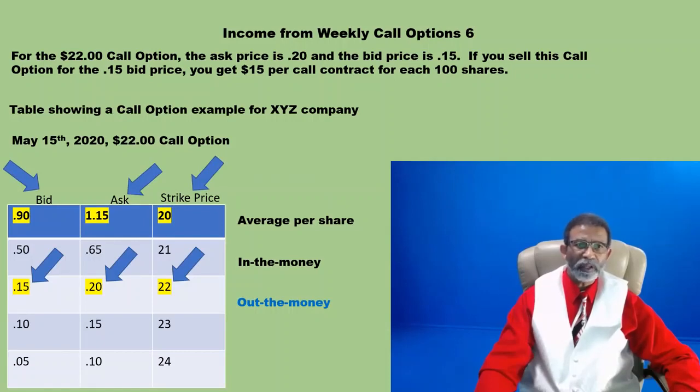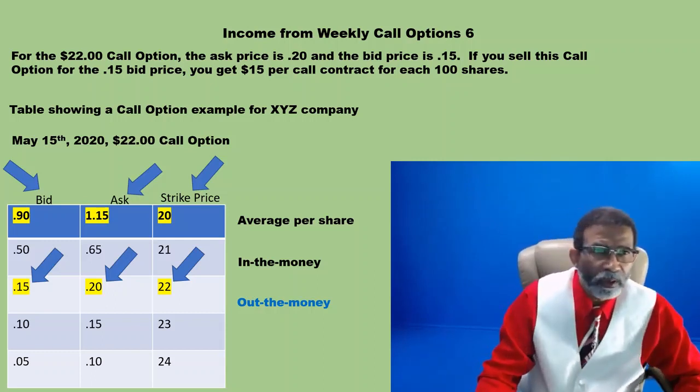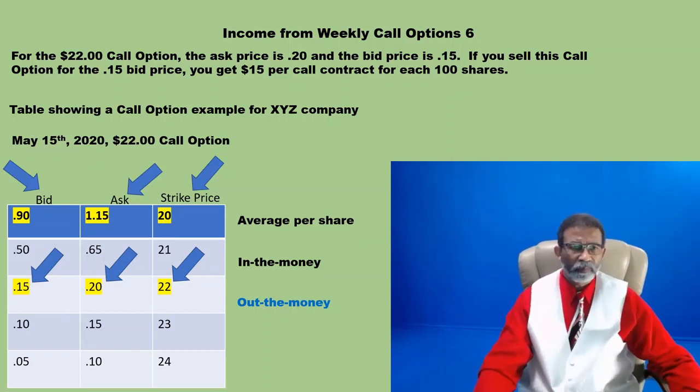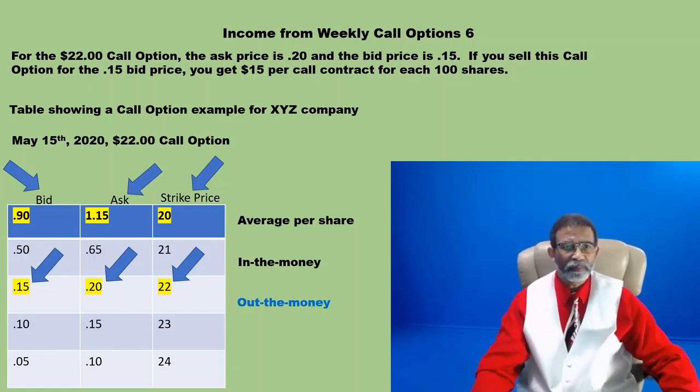Okay, as we continue. For the $22 call option, the ask price is 20 cents and the bid price is 15 cents. So if you sell the call option for 15 cents, you get $15 per contract for each 100 shares.